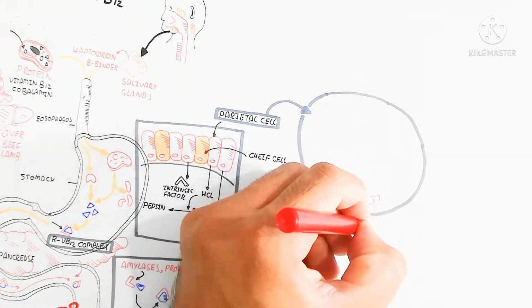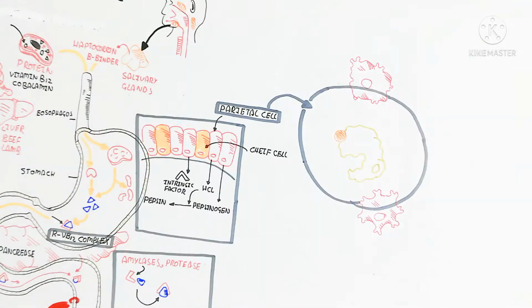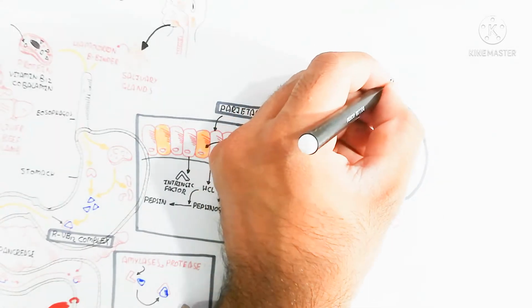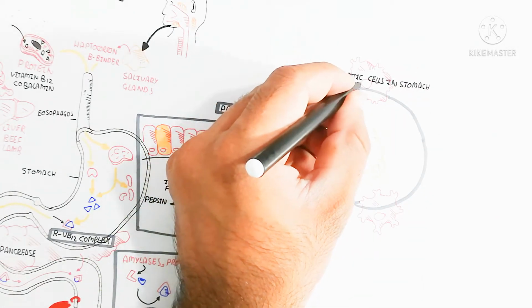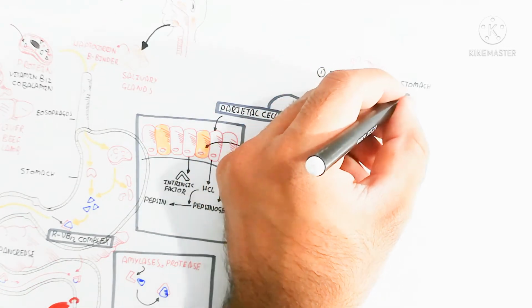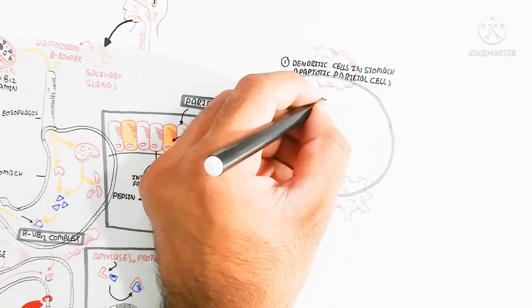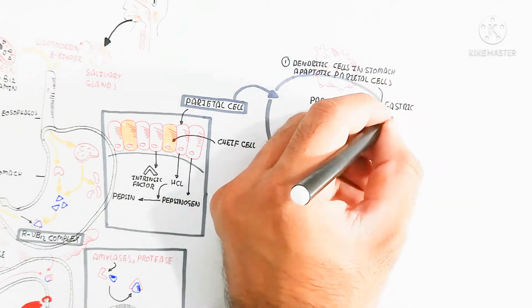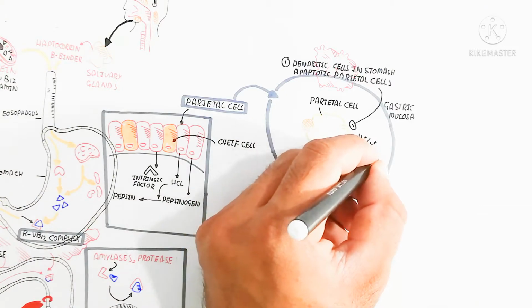So let's begin to understand what happens when the parietal cell is attacked by the immune cell in an autoimmune disorder. Basically, it will lead to deficiency of vitamin B12. One important thing is vitamin B12 deficiency through diet, but on the other hand, in the non-dietary case, here you can see the parietal cell inside, and here is the dendritic cell in the stomach, with the apoptotic parietal cell.